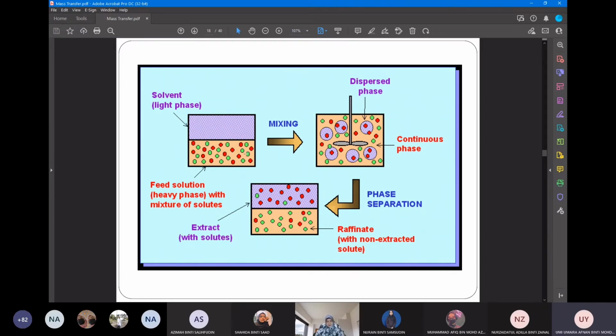So let's say you have orange juice. Your orange juice is called the feed solution. In orange juice there are many kinds of components. You have a variety of components in orange juice.